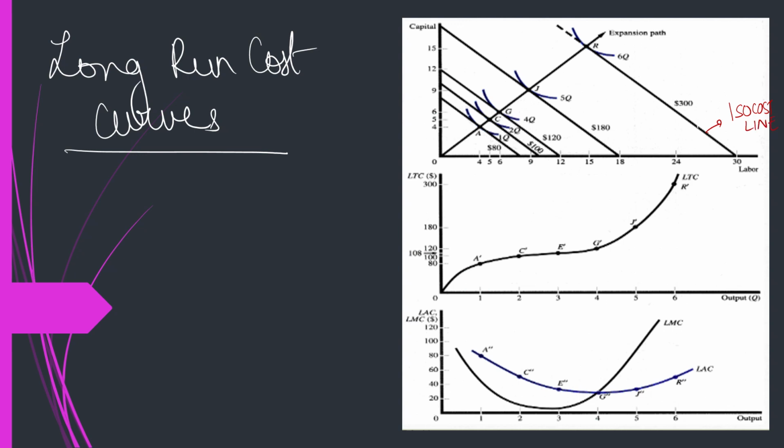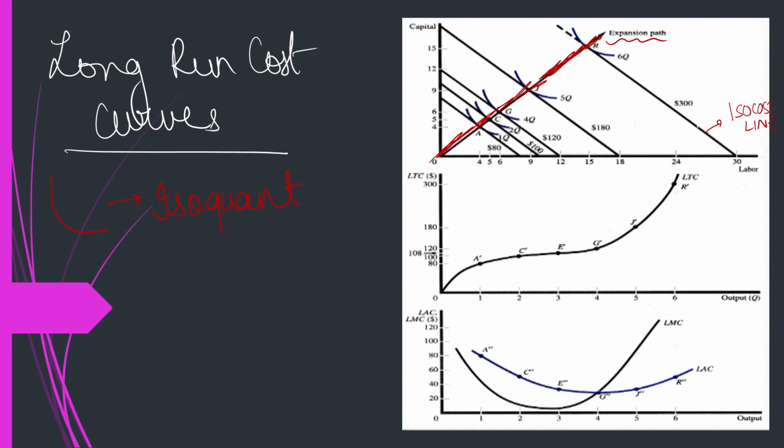What is this parabola-type shape called? Isoquant. What is this central line called? Expansion path.